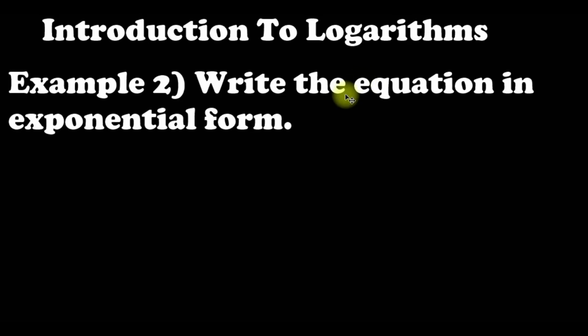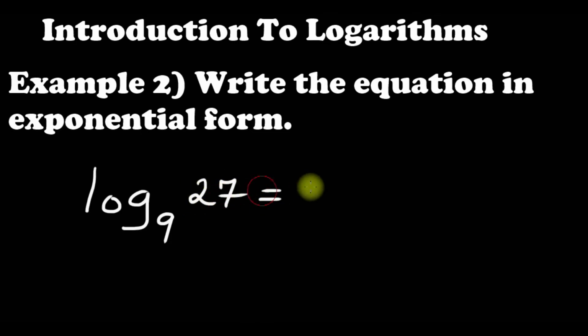Let's look at another example where you have to change from log form to exponential form. So here you're given log base 9 of 27 is 3 over 2, and we want to convert this to exponential form.